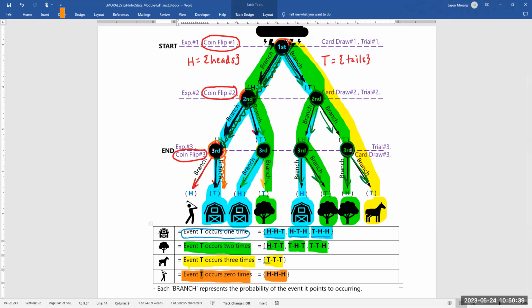So that means we would have 3 heads. And starting from the first coin flip, that would have been heads, heads, heads, down to there. So a tree diagram is useful for mapping out all the possible outcomes given events that can occur in one experiment, but tracking that history over multiple experiments.